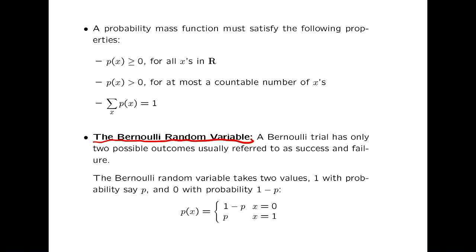And it's the easiest possible random variable because it can only take two values. And there is a reason why it is convenient to choose as values 0 or 1, where 0 is, if you think of it as a failure, and 1 as a success.